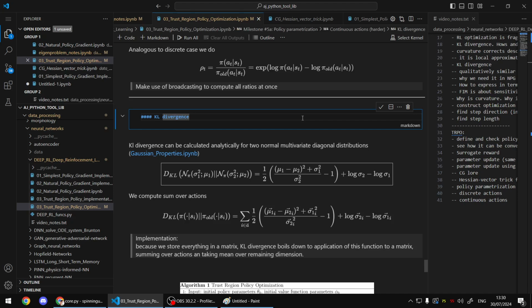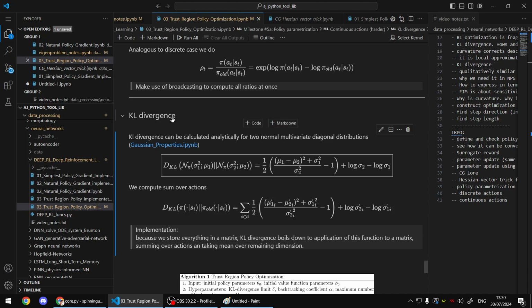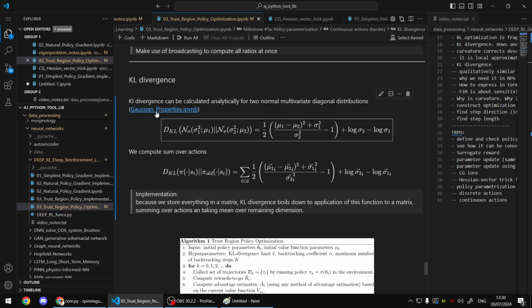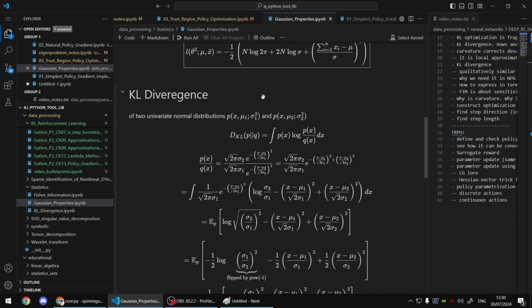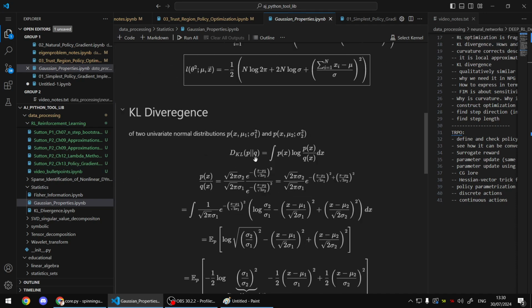KL divergence. So KL divergence, right? The fact that we know that the distribution is normal, we actually can compute it analytically. And there's a whole process for how to do it. Maybe just a hint. Remember that KL divergence is an expectation. It's an integral over something.